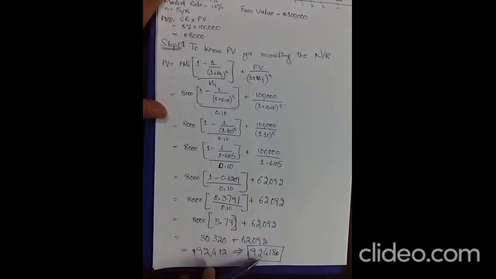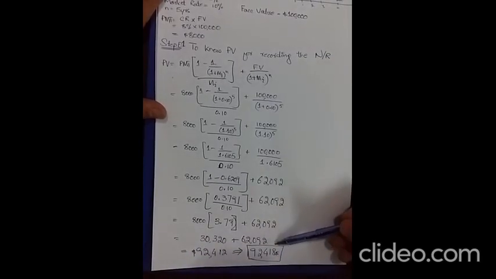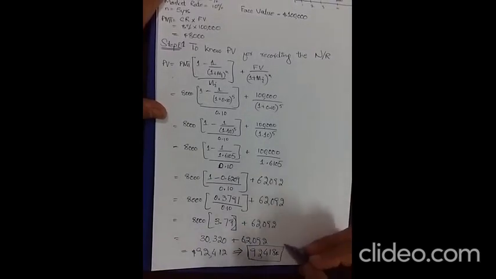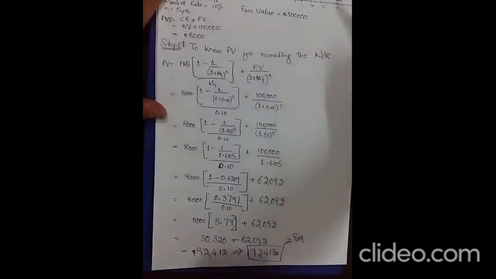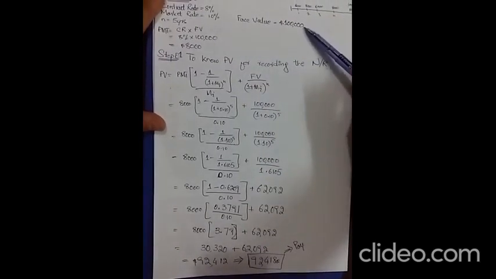But I encourage you to recalculate, and you will get $92,418. The rest of the numerical will be based on $92,418. You see here that we are supposed to pay $92,418 today, and we will receive $100,000 in the future.